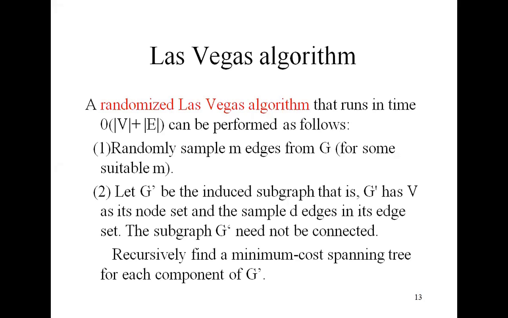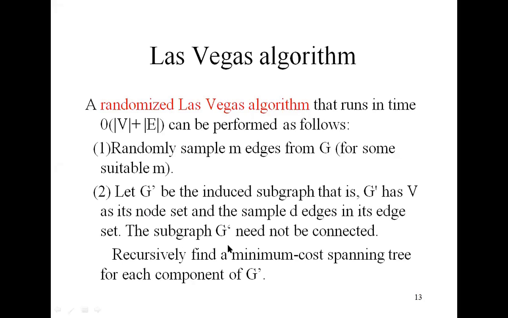We are taking m number of edges randomly from the given graph G. In the second step, let G dash be the induced subgraph, that is, G dash has V as its node set and the sampled edges in its edge set. Some number of edges are taken from the original graph.